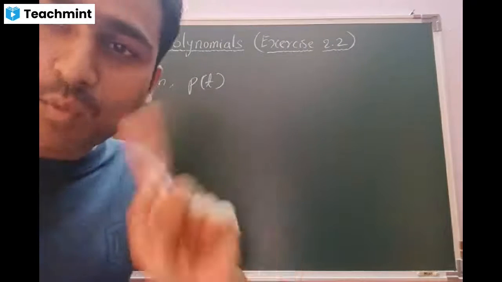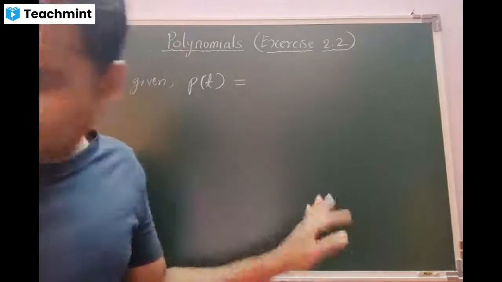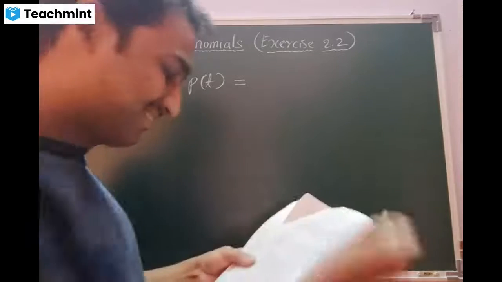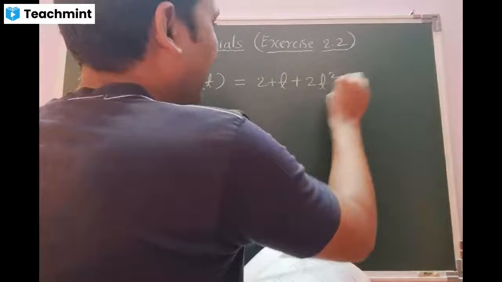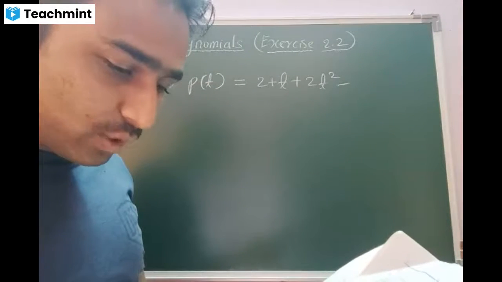Last attempt, read once again. Quick. P(t) is equal to 2 plus t plus 2t square minus t cube. Okay. Beta, can you tell me why I asked her to repeat the question?